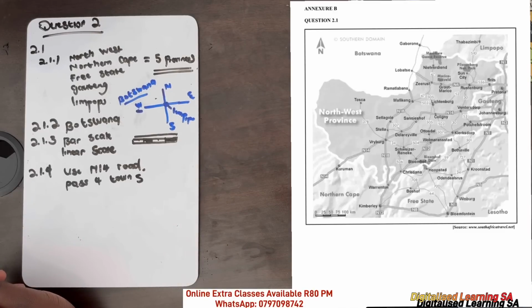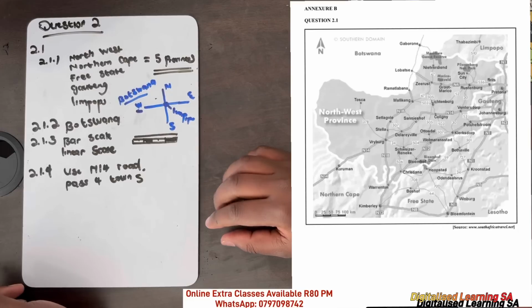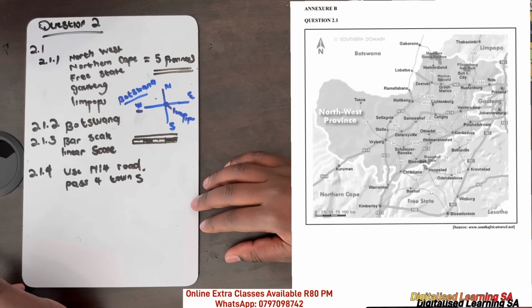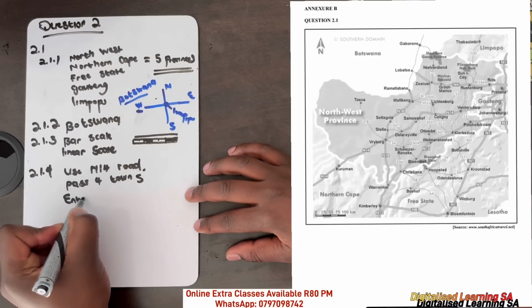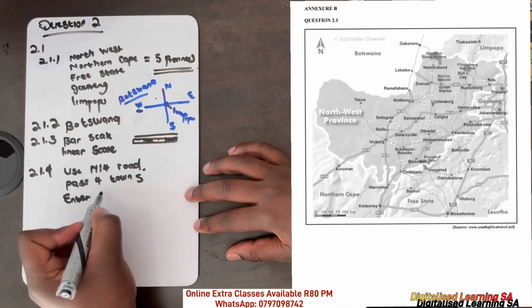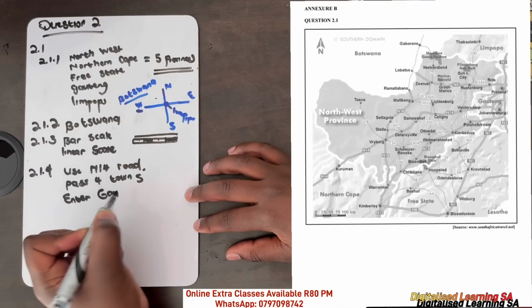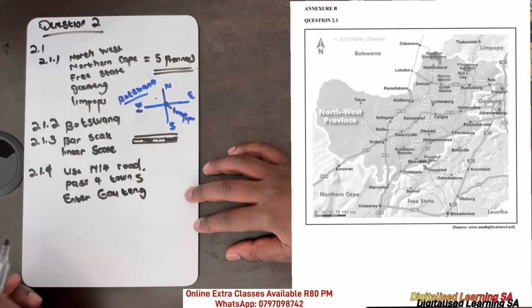Okay, and then after passing the 4 towns, she will need to enter Gauteng province. So after Ventersdorp, there is Gauteng. So she will need to enter Gauteng. Remember, Pretoria is in Gauteng. And then after entering Gauteng, she needs to realize that Pretoria is located just on the N1.